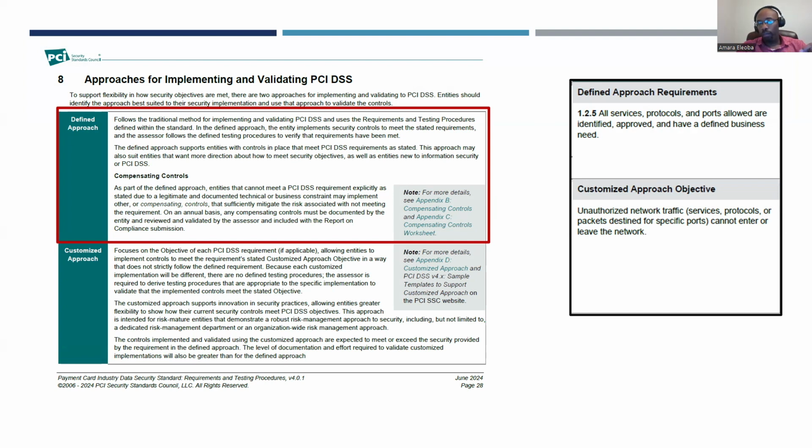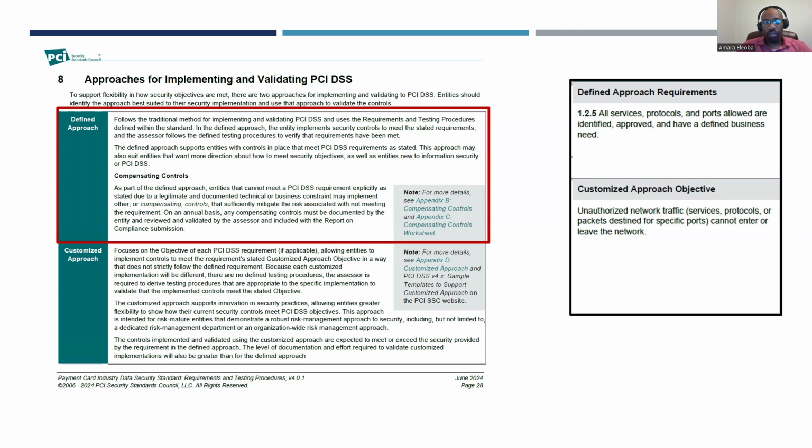Now, the customized approach was introduced in version 4.0. It wasn't in version 3.2.1. So 4.0 allows companies to do this.